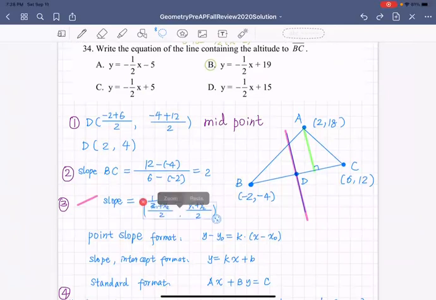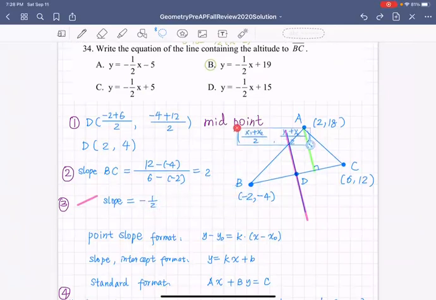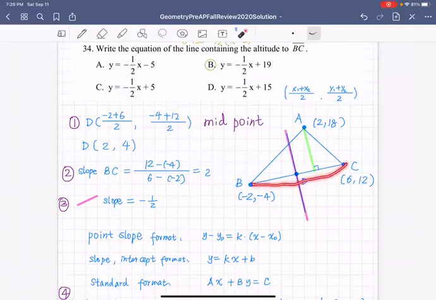So -2 plus 6 is 4. 4 over 2 is 2, right? Okay. Do the Y, please.